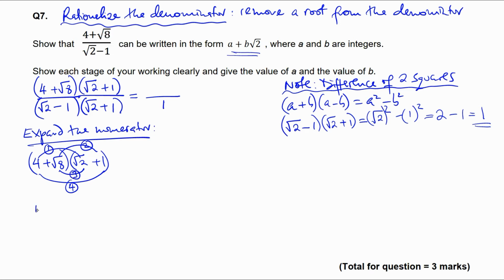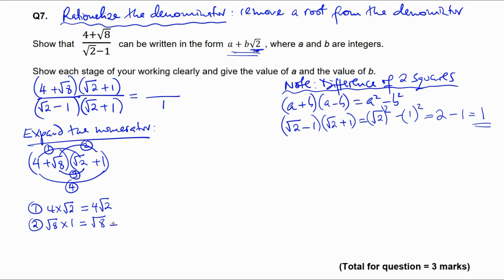So for 1, we have 4 multiplied by square root of 2. Now that will just be equal to 4 root 2, so that's pretty straightforward. For 2, we have square root of 8 multiplied by 1, which is just square root of 8. But I'm not just going to stop there because they want the answer in the form of root 2.